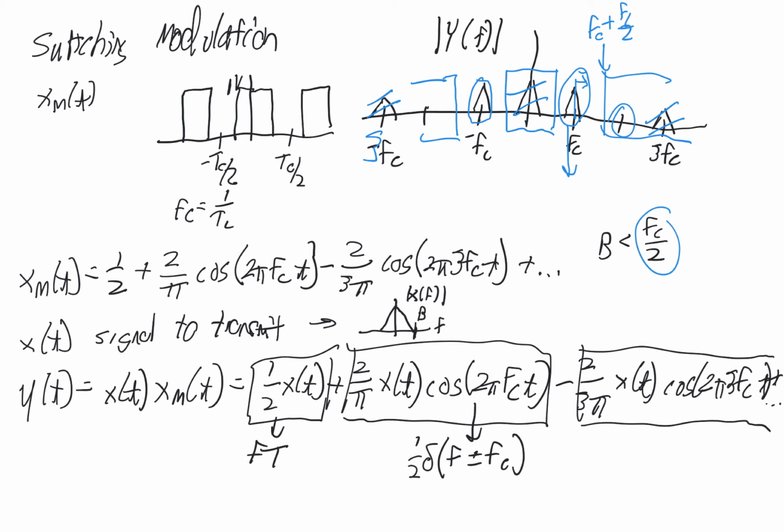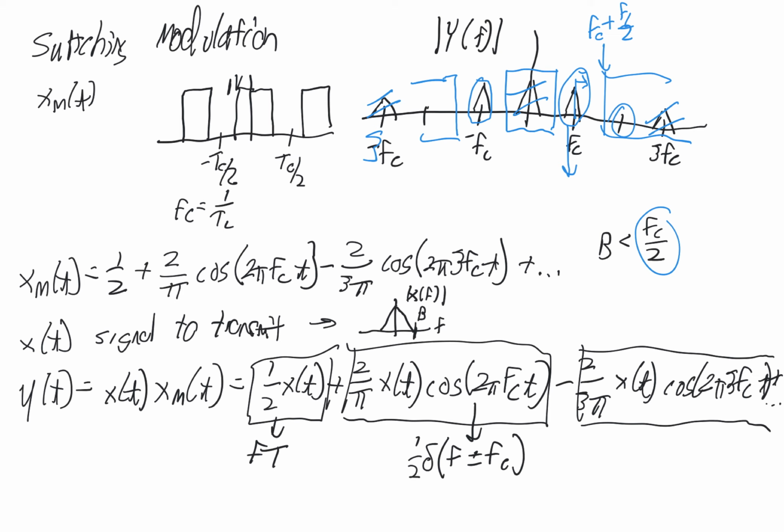This approach has the benefit of being very simple to implement because all we did was multiply by a signal that was 0 or 1. So we switched x of t on and off, but we had to have an fc that was large enough in order for this to work. So this won't work if we choose fc to be too small.